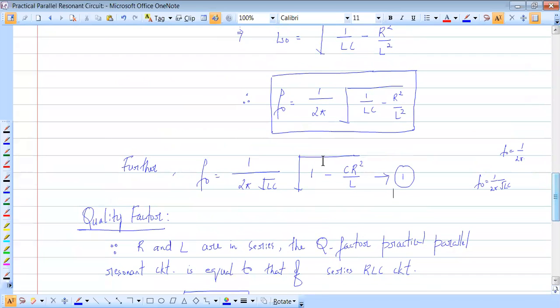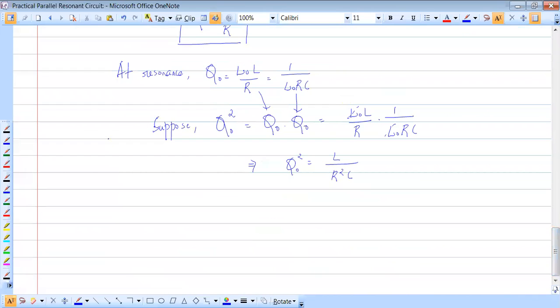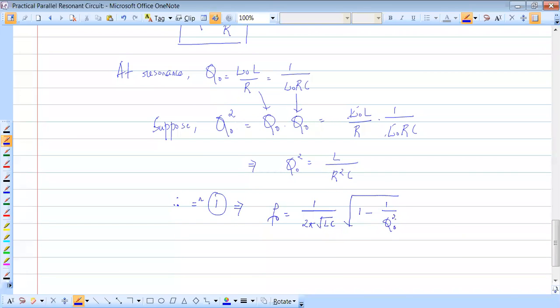Therefore equation 1 implies that our f naught can also be written in terms of quality factor as 1 by 2 pi root LC, square root of 1 minus 1 by Q naught square. So this is another form of obtaining the equation in terms of quality factor.